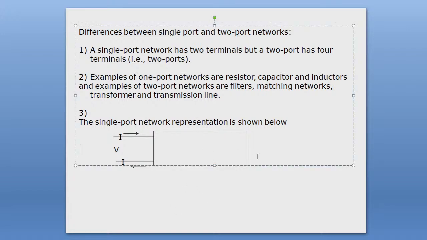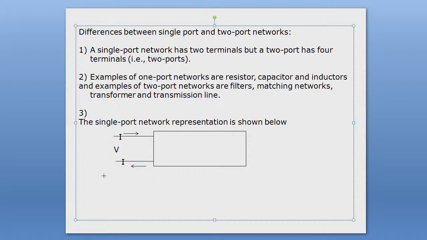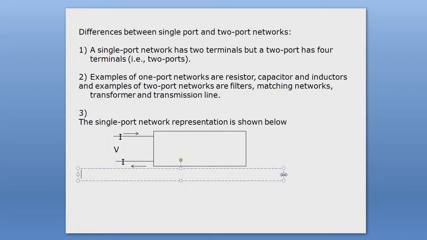Let me draw it here. The two-port network representation is shown below.